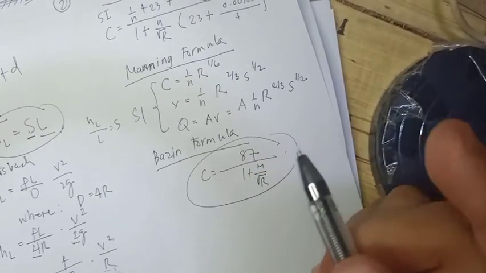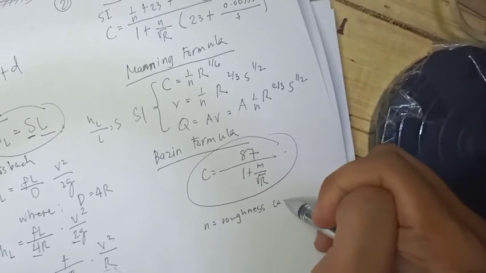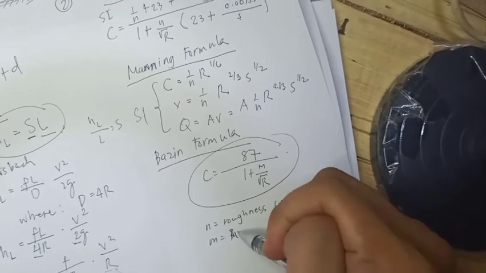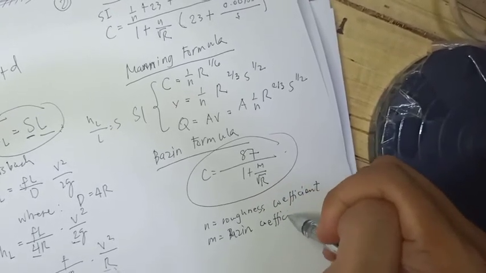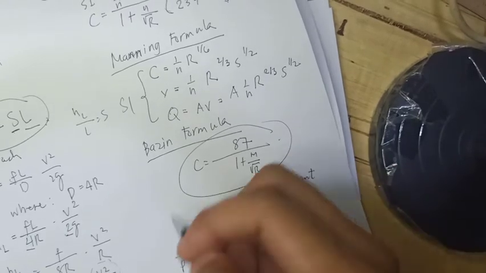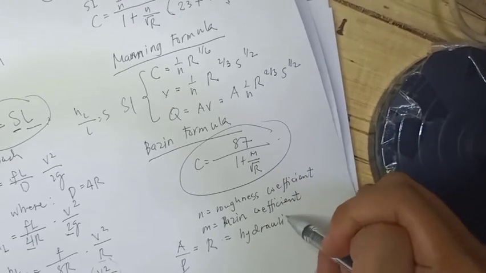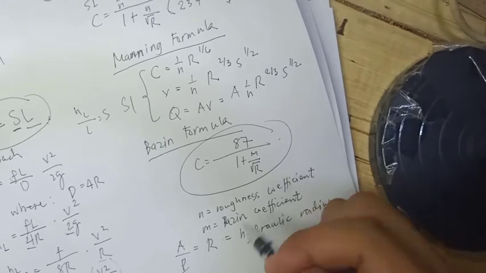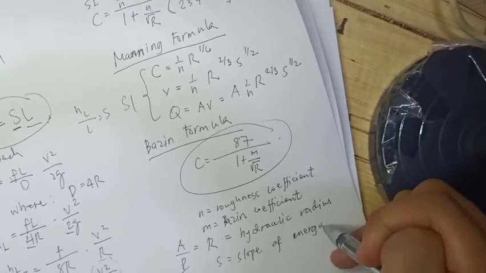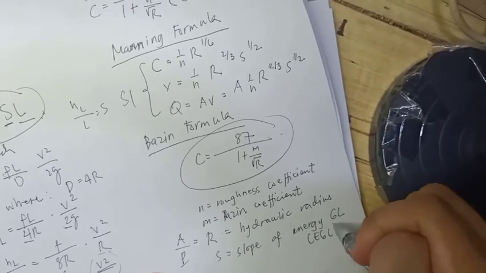So always remember, n is the roughness coefficient, m is the Basin coefficient, R equals A over P, the wetted perimeter, R is the hydraulic radius, S is the slope of the energy grade line, or EGL.